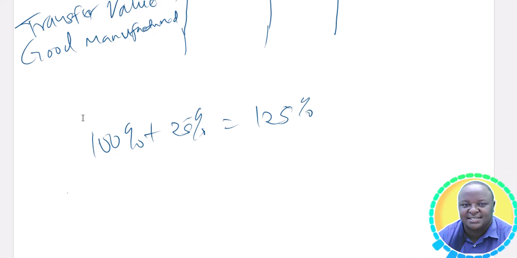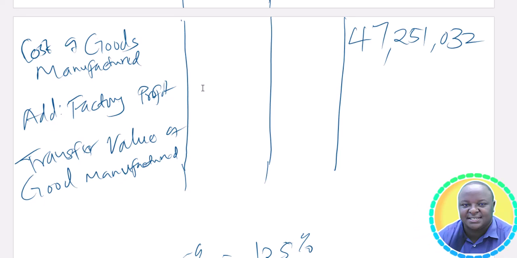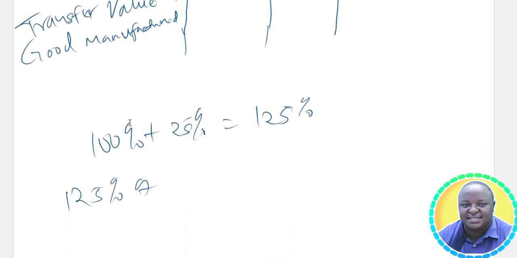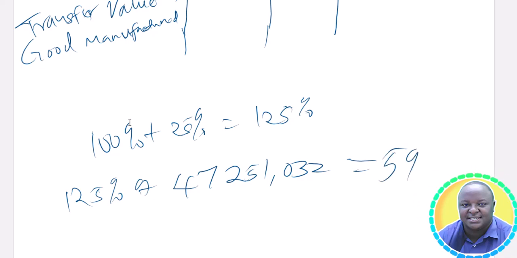So if we take 125% of this figure of the cost of goods, 47,251,032, you're going to get 59,063,790.